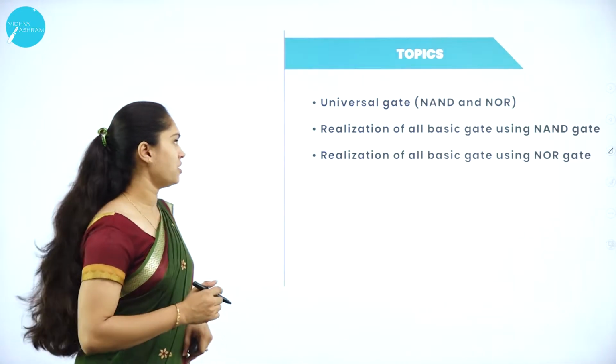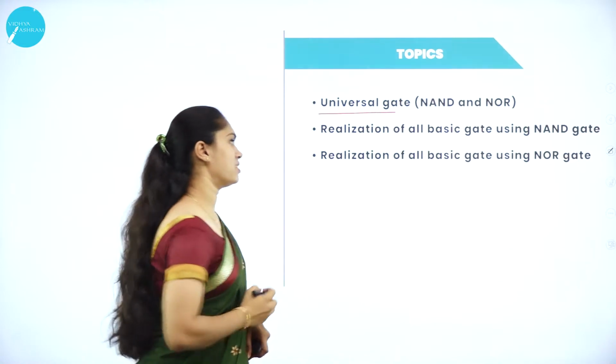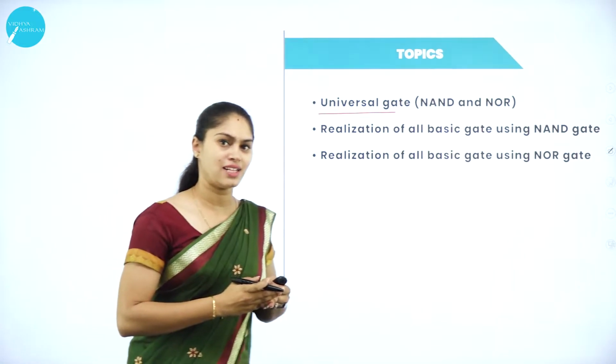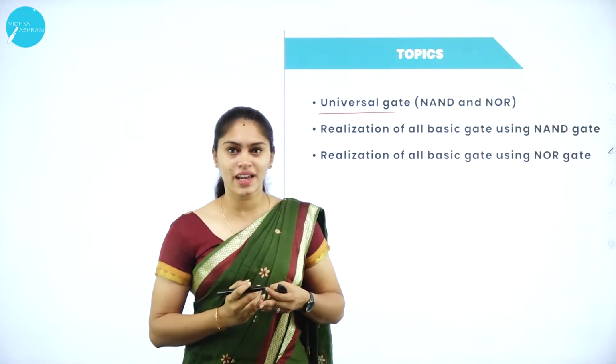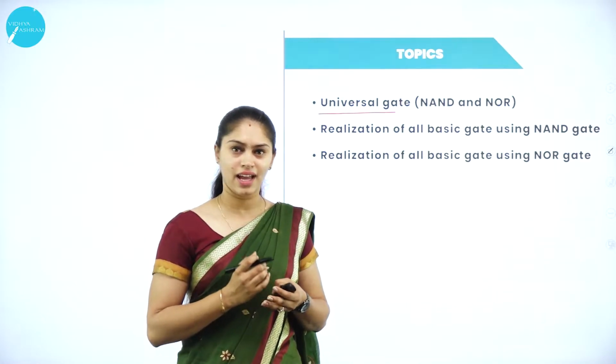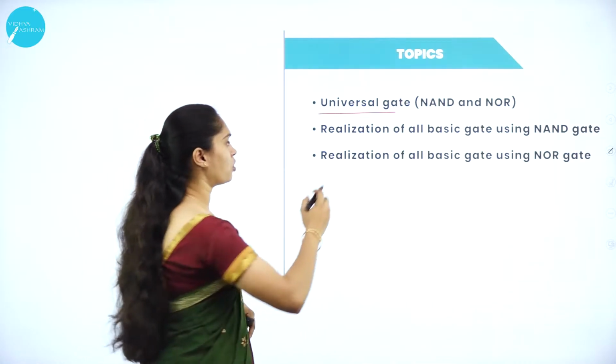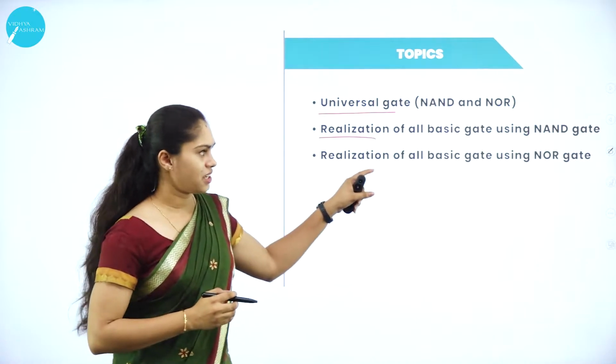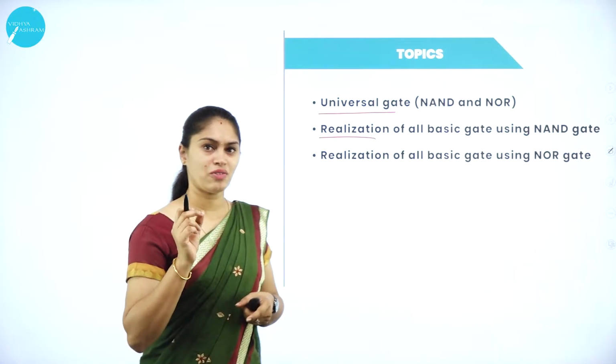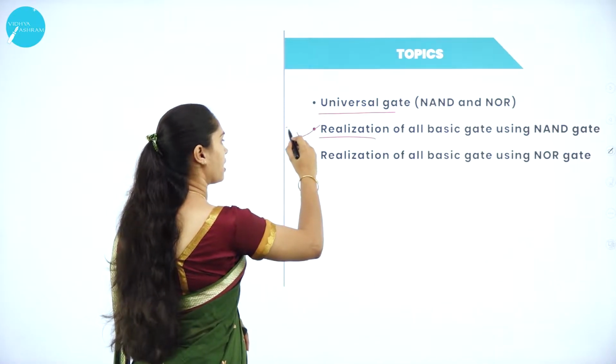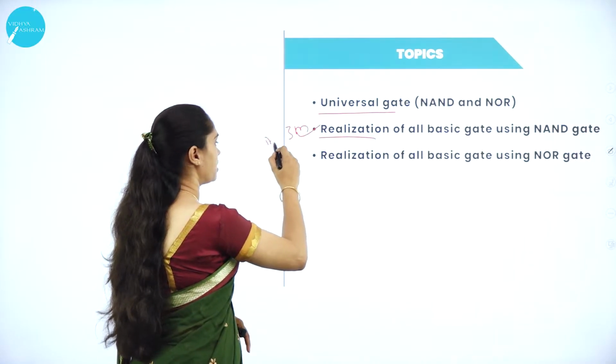So in today's session, we are going to see what is universal gate. We are going to consider NAND and NOR gate as the universal gate. Then we are going to learn about realization of all the basic gates using a NAND gate. Very, very important question for 3 marks. Important question for 3 marks.